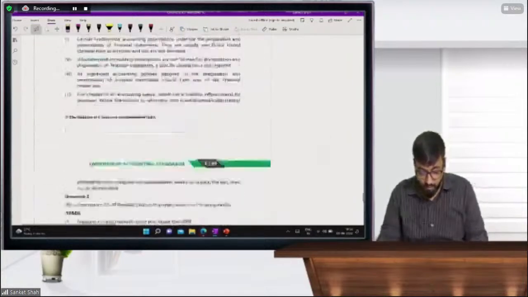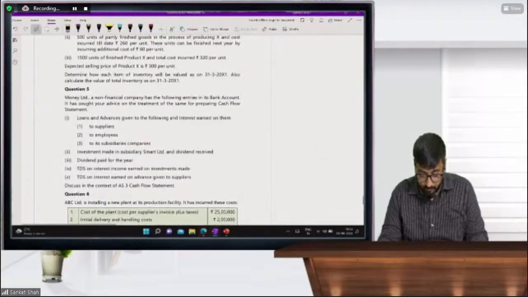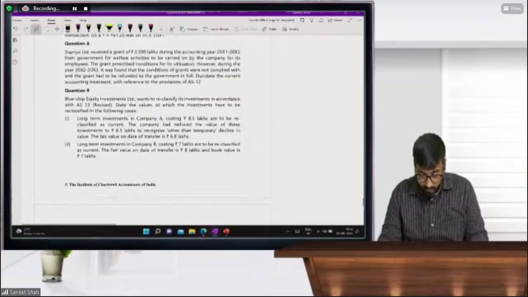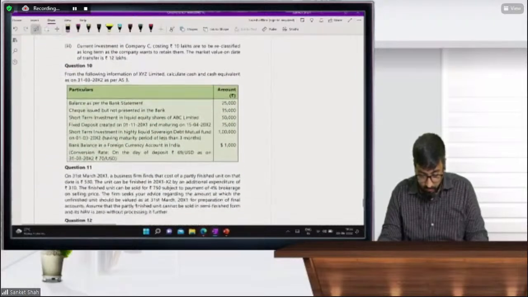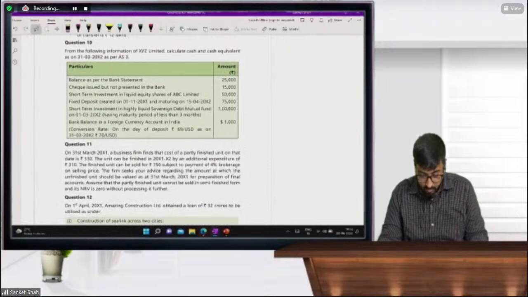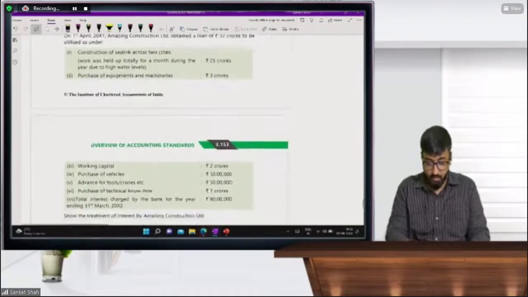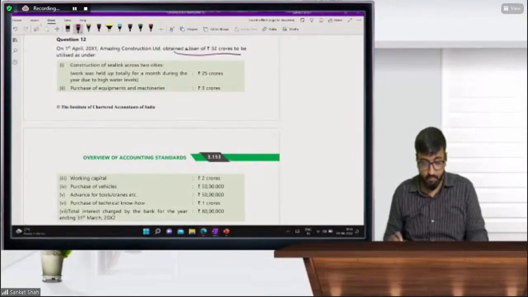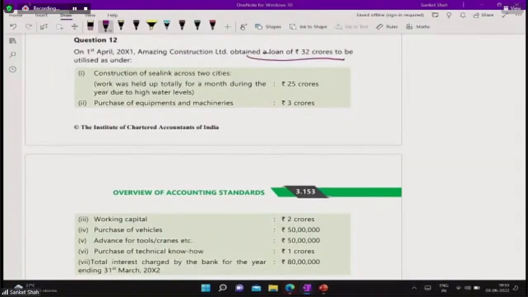Some additional questions are there in TYK. Solve this question. Let's go, solve this question, TYK 12.